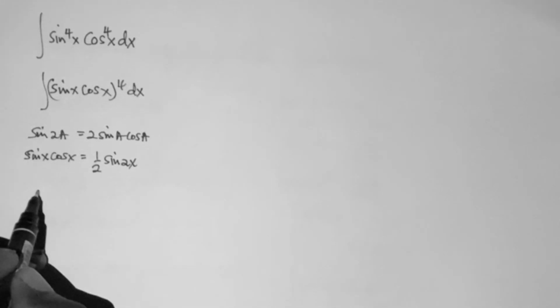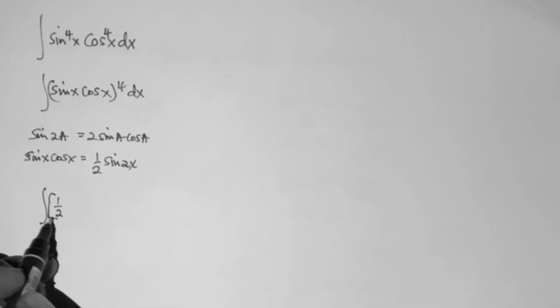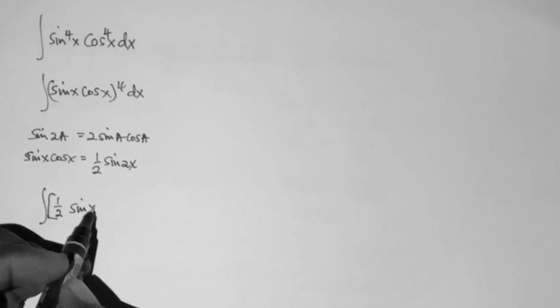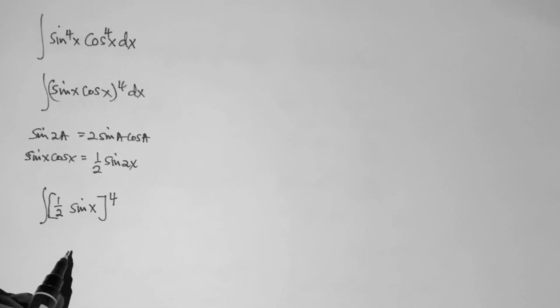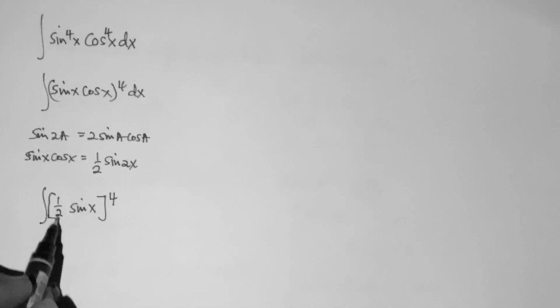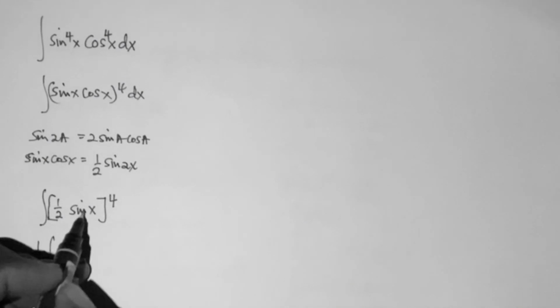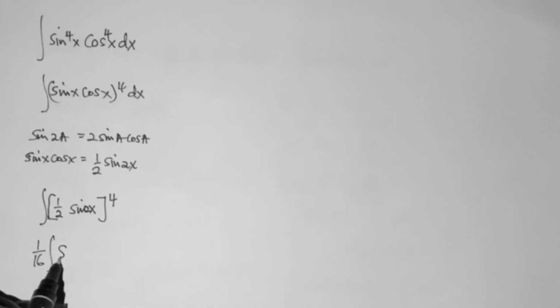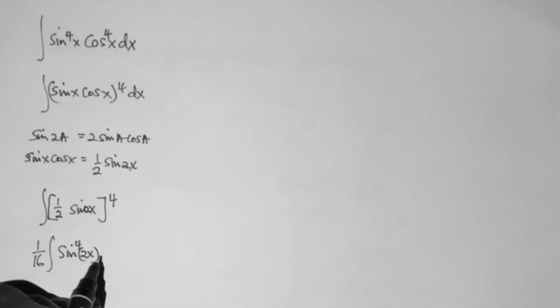So all of this becomes the integral of half of sine 2x, then exponent 4. So this will become 1 over 2 exponent 4, which is 1 over 16, integral of sine 2x exponent 4 dx.